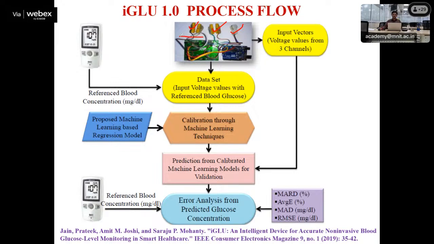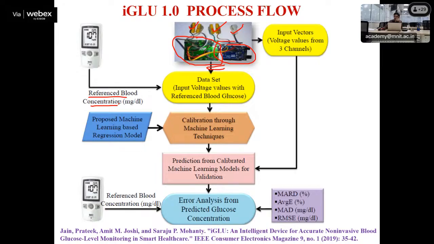Then you can observe the acquisition module developed by us, and this is the Arduino module. The Arduino is used for some processing and downloading of the data. From these three sensors we are getting the sensor values, and we are calibrating them against our reference blood glucose value.